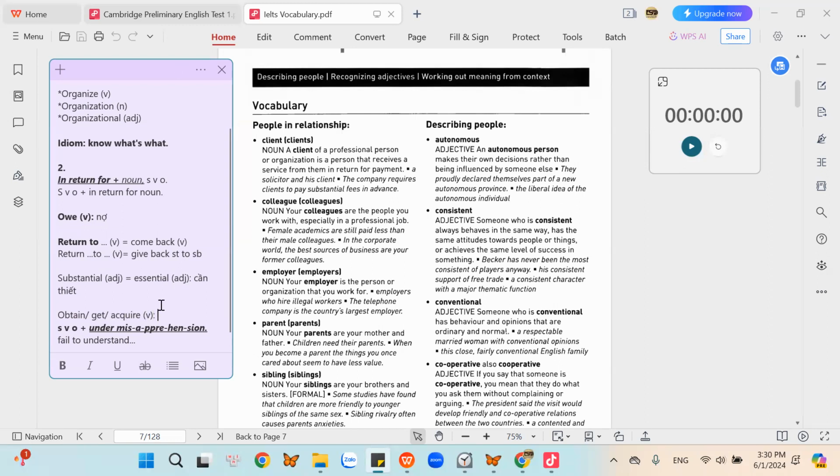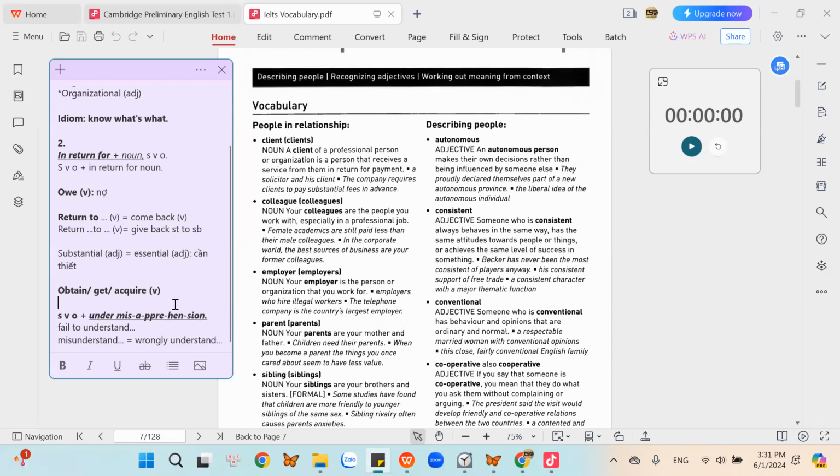All right, acquire. I use the words obtain, get, acquire for everything. If you want to use get, you can use obtain and acquire. And here, it is said that experience is not the only factor for you to get a job.